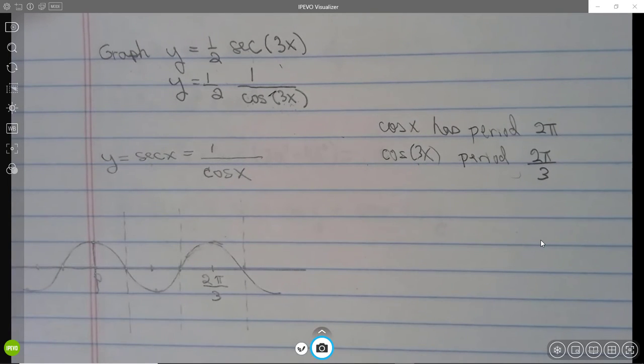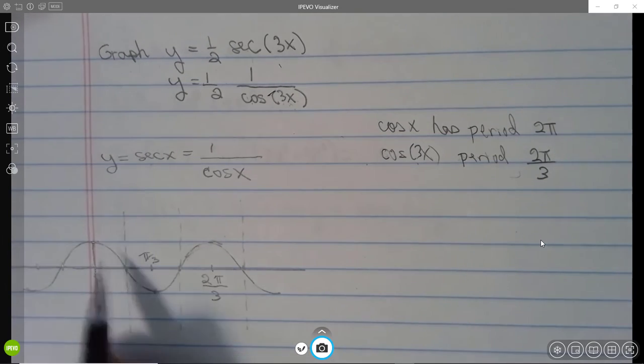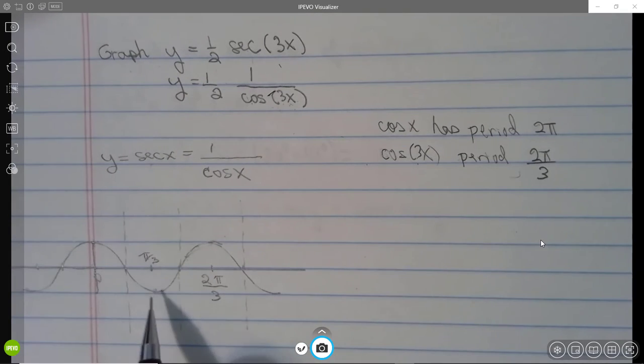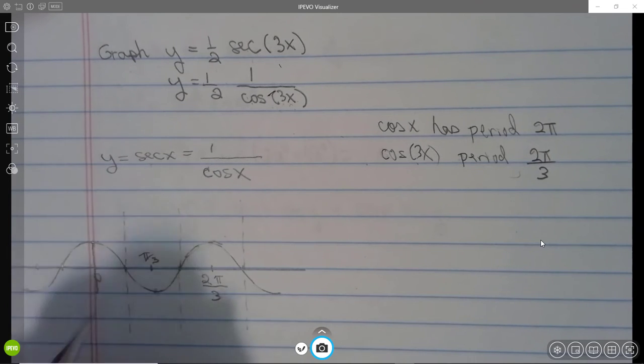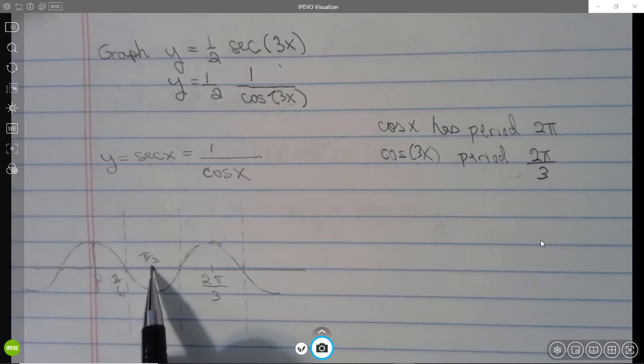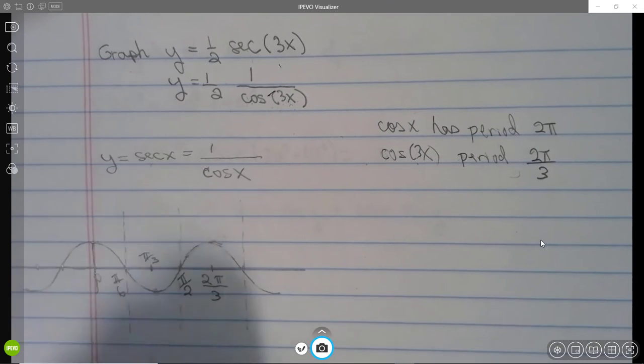Okay, now if that's 2 pi over 3, then dividing that in half, pi over 3 is where the cosine of 3x is going to have a minimum, and then half of that, pi over 6, and pi over 6 to the right of this is 2 pi over 6 plus pi over 6, 3 pi over 6, which is pi over 2, the x-coordinate of that vertical asymptote.